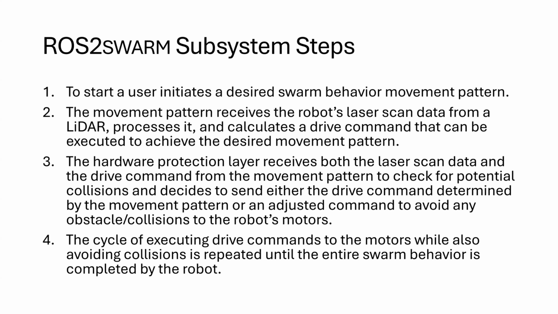But before the drive command is actually executed, it goes through a hardware protection layer, which checks from the LiDAR data if there's any possible collisions if our movement pattern were to be executed. And if there is a collision, it'll send an adjusted drive command to the motors to avoid any collisions. If not, it'll just proceed with the normal drive command that was calculated before.